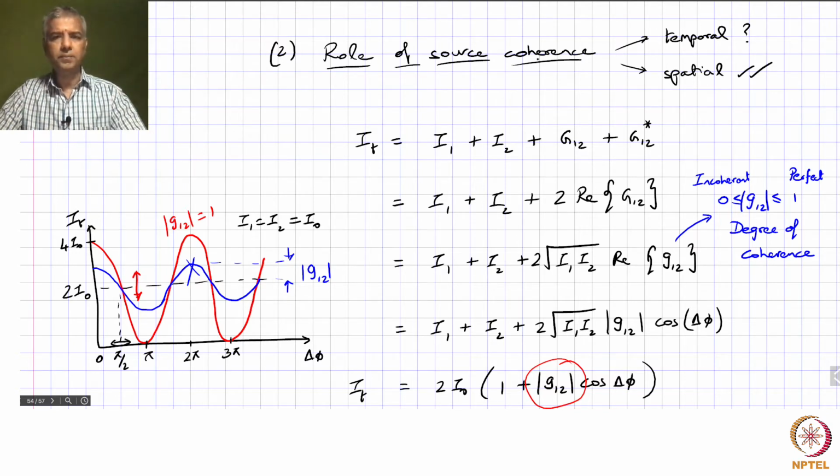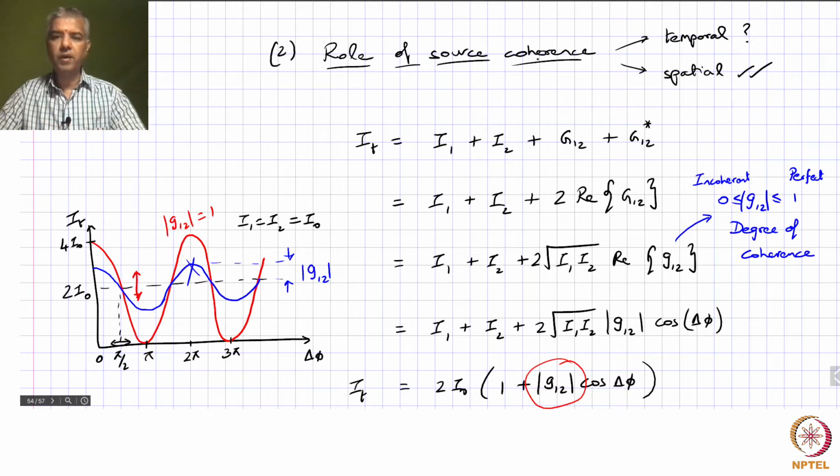But there is still a question with respect to temporal coherence. And then we started defining the beating of the two waves in terms of the mutual coherence function, which is what we call G12 and its conjugate.